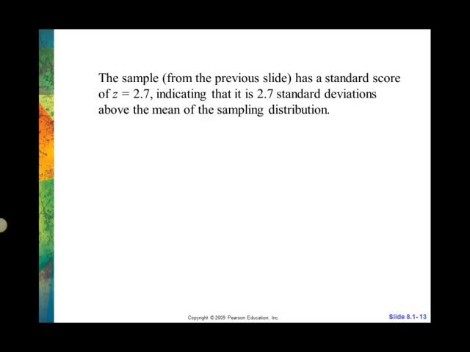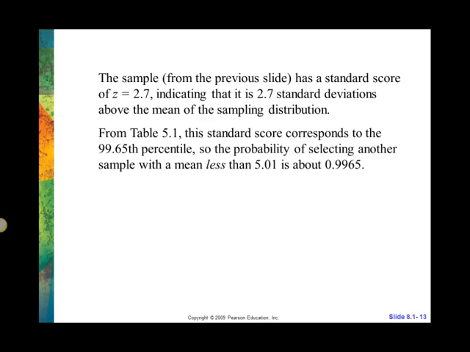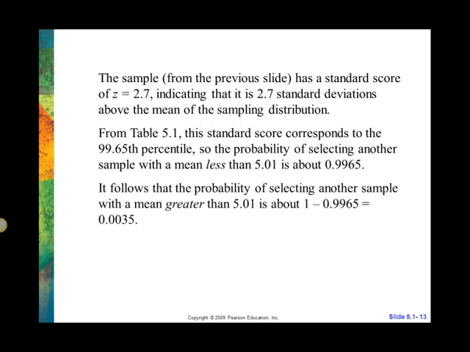Here we can look it up on the table, and according to this it's in the 99.65th percentile, which means the probability of finding something less than 5.01 is 0.9965, and the probability of finding something bigger than 5.01 is 0.0035. So the chance of finding something even larger than that is tiny, and so this is a very unusual occurrence for that sample.